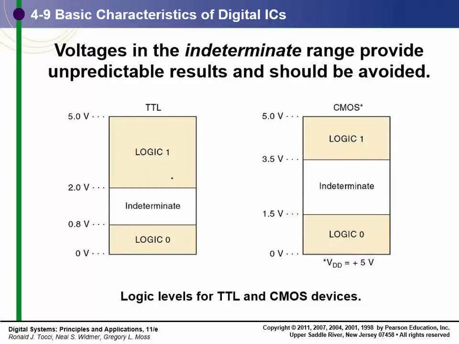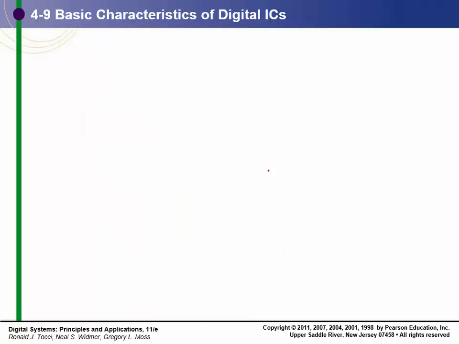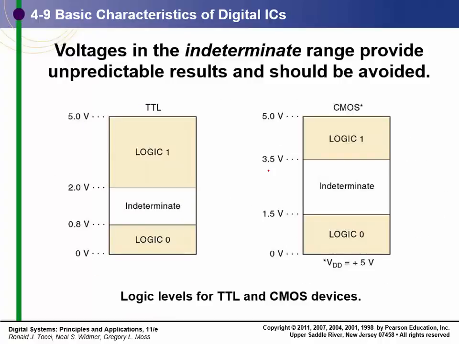I think I talked a little bit about these before. These are our logic levels up there. CMOS has a little bit different range, but when we look at TTL, generally our rule is between 0 and 0.7 or 0.8 is considered logic 0. Between 0.8 and 2.0, we're looking at no man's land, where we don't know what it is.